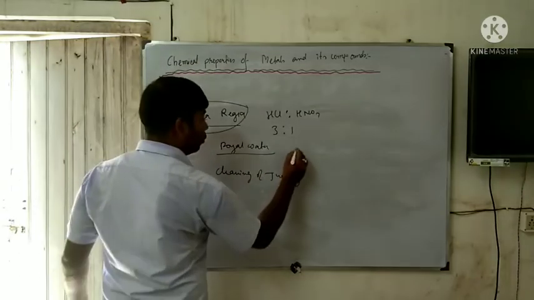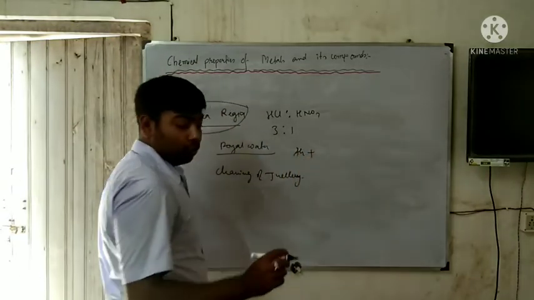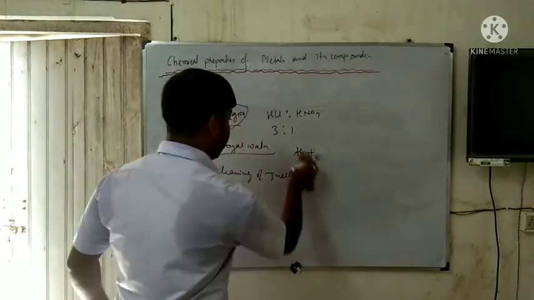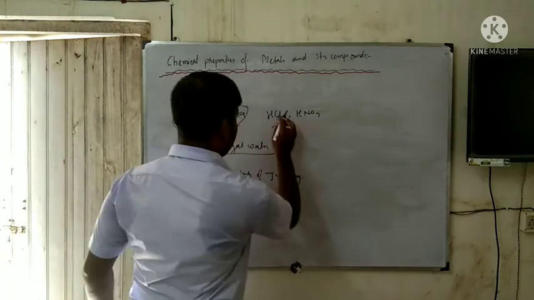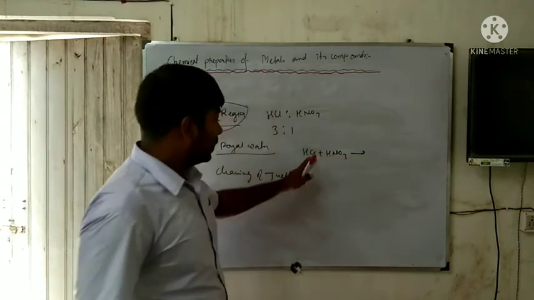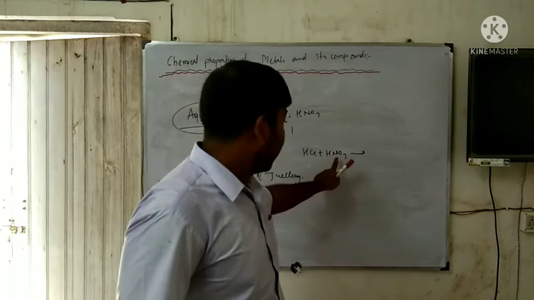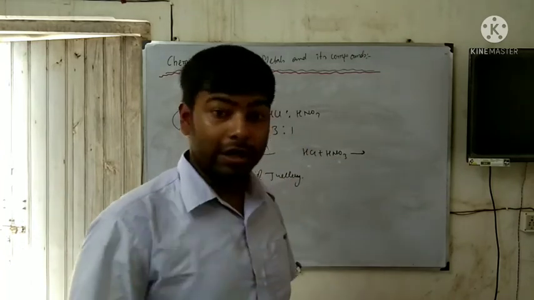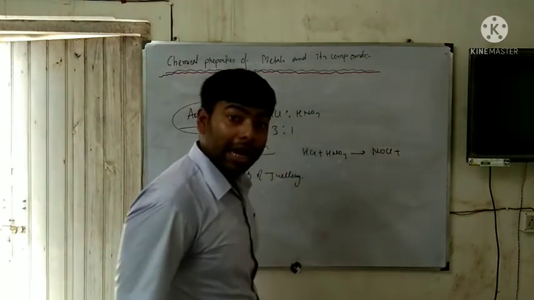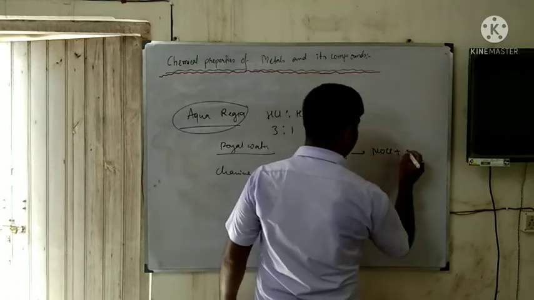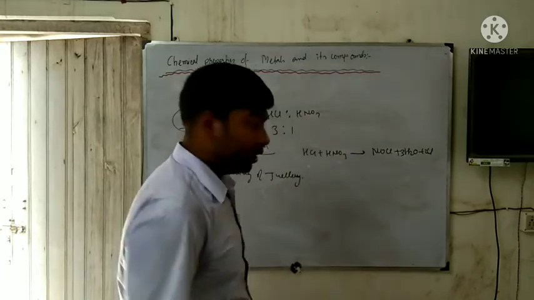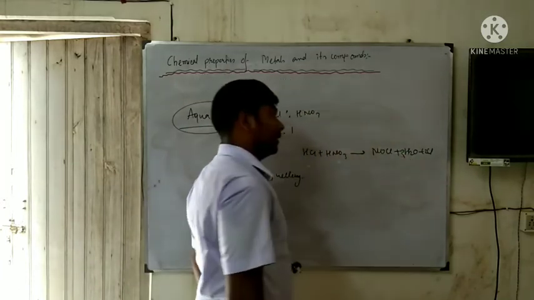Suppose I am taking gold reacting with chlorine. Whenever it produces, suppose I am adding HCl plus HNO3. When hydrochloric acid reacts with nitric acid in a 3:1 ratio, we will get NOCl, nitrosyl chloride, plus water plus Cl2, plus Cl.